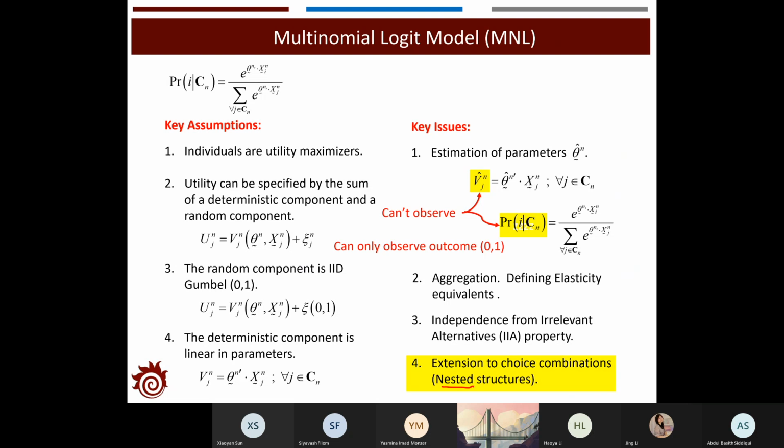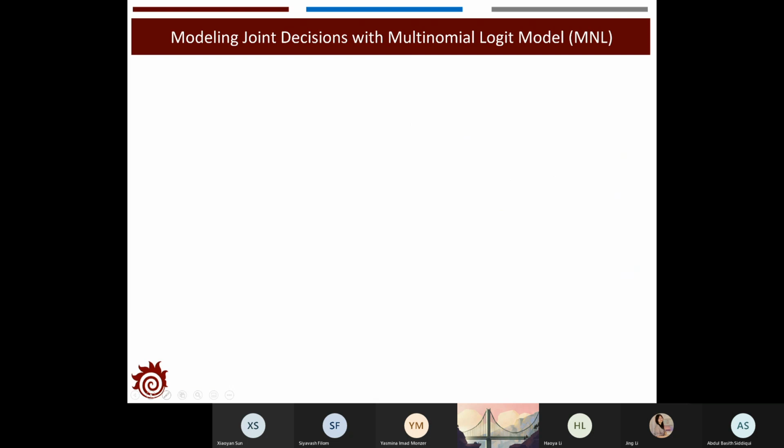We will consider a set of alternatives nested under one parent alternative. To give you more introduction, let's start with a simple case of joint decisions with the multidimensional logit model.